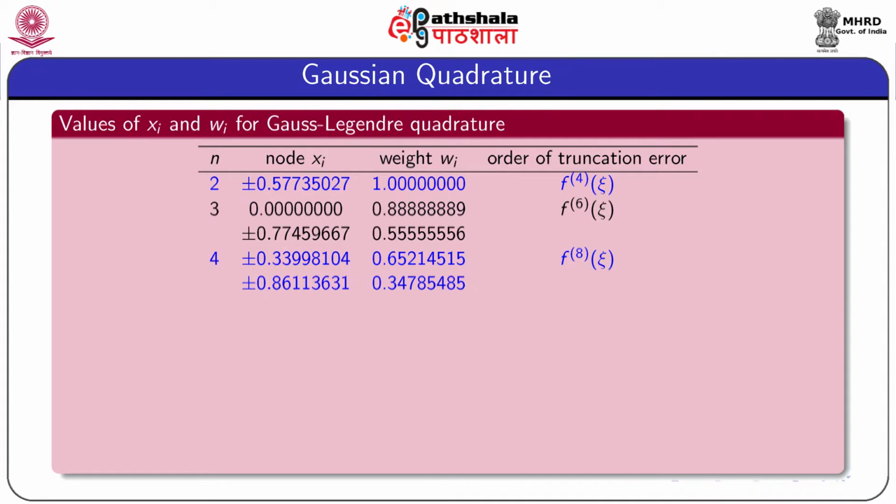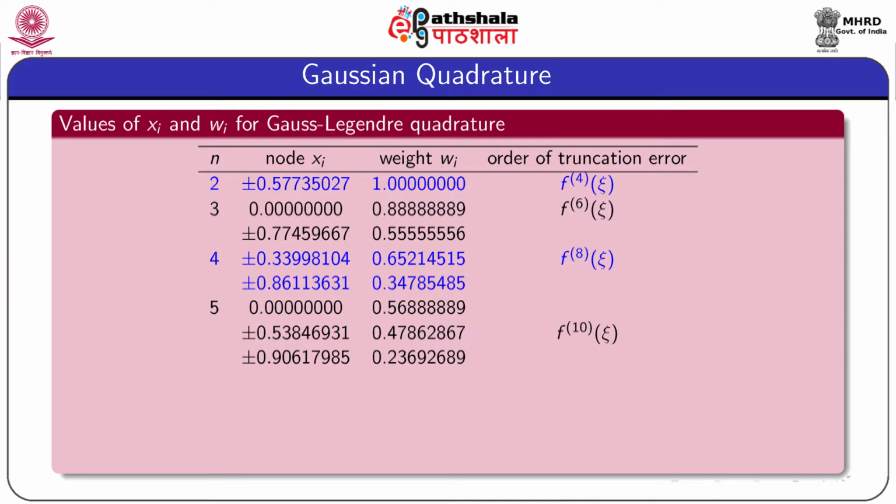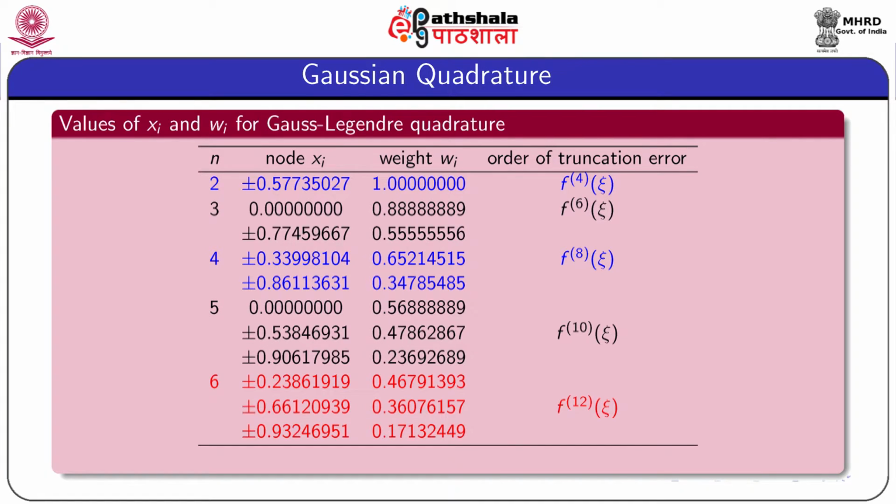These are the nodes and weights for n equal to 4, that means the 4-point Gauss-Legendre quadrature formula. These are the nodes and weights for n equal to 5, and these are the nodes and weights for n equal to 6. Note that the order of truncation error of the 6-point Gauss-Legendre quadrature formula is the 12th derivative of f at xi.